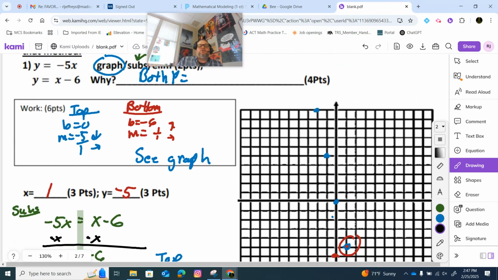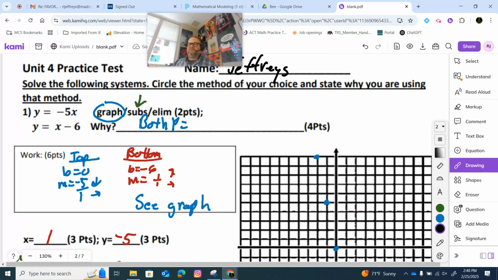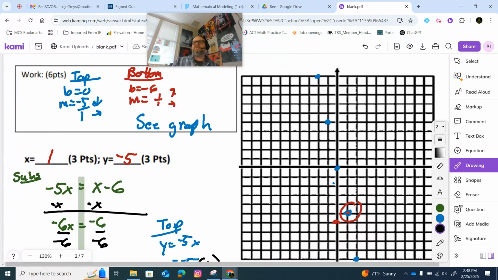Remember, you get 12 points for circling the one, stating your why, and showing your work. You only get 6 points for the answer. Remember, the process is more important than the answer.